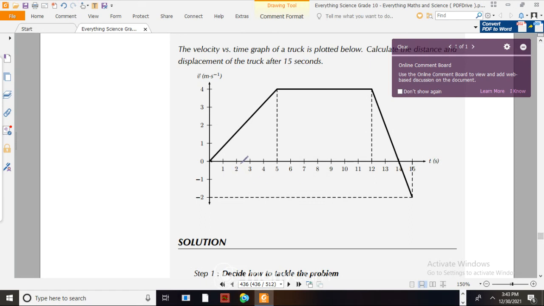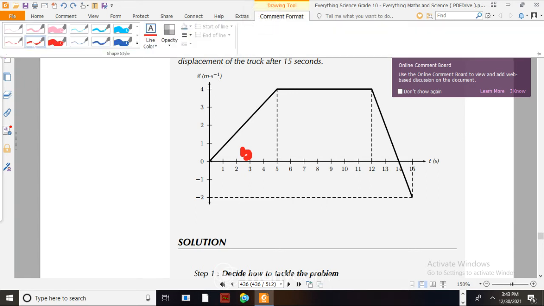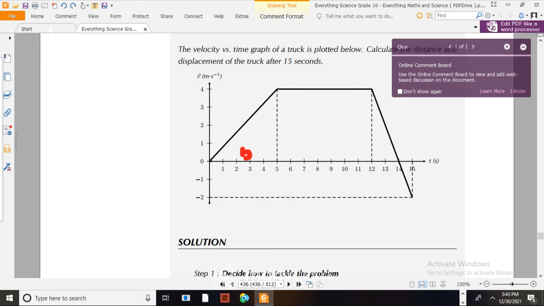Here is the base B. Let me tick somewhat here. Let me make the comment line. Here is the base, here is the height.